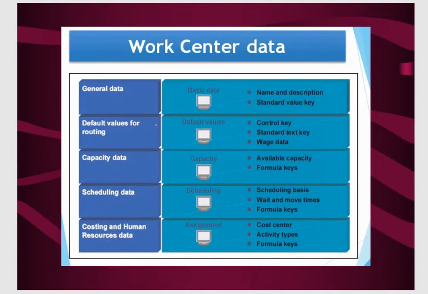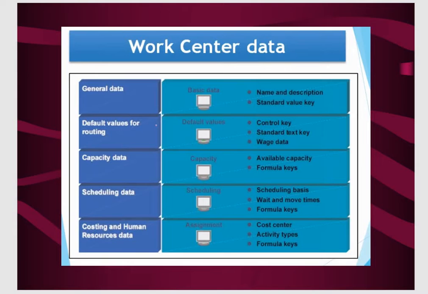So if we talk about the work centers, what all data you need to maintain for your work center is the general data, default values for routing, capacity data, scheduling data, costing, and human resource data. So in general data, you just have to define what that work center means and the standard value key. In default values for routing, you have to maintain the control key, the standard text key, and wage data.